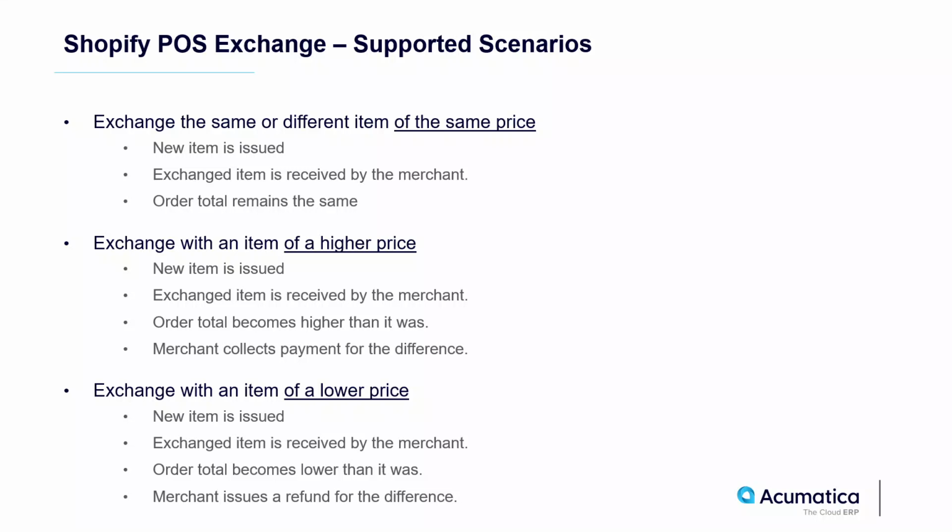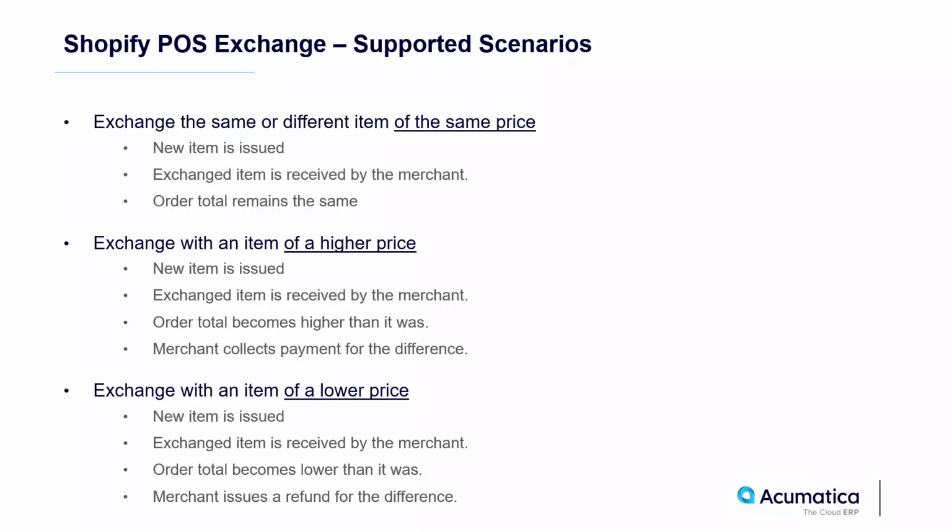So first of all, this new support system handles all the different exchange scenarios. The example that I just shared, you would imagine that if you're bringing those pants in and you're going to take new pants of a different size or color, it's going to be the same price, right? So in that case, you're simply exchanging one item for another item.